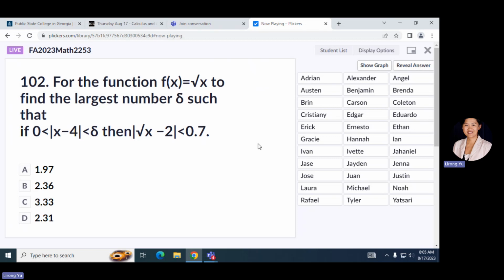How do we know they're close? You subtract them, and the answer is a really small number. So x is approaching 4. For any x value close enough to 4, we have the target result: root of x will be close to 2. So root of x minus 2 will be less than epsilon. That's pretty much the definition.